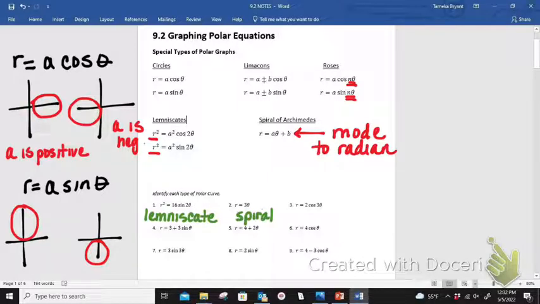For number 3, it's 2 cosine times a number. So a number is being multiplied by theta, so that would be a rose. This number right here, that's how I know that this is a rose, because of that 3.